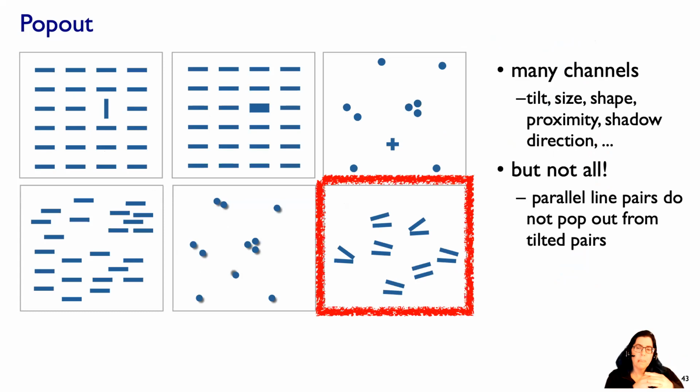Here's one: parallel lines. It's not something we're able to do with this non-attentive processing. We have to actually go through and check whether two things are perfectly parallel or a little bit inclined. So that's an example of a visual encoding that does not provide pop-out. But there are many, many that do.